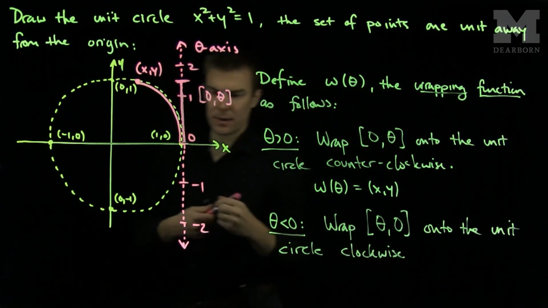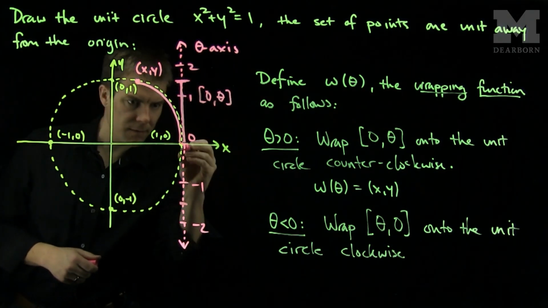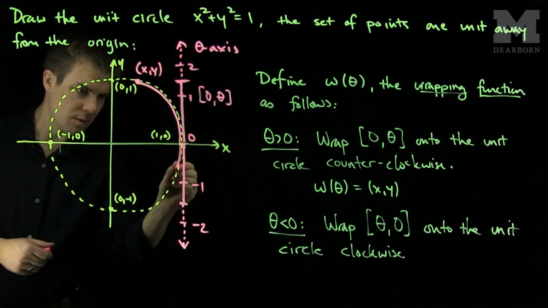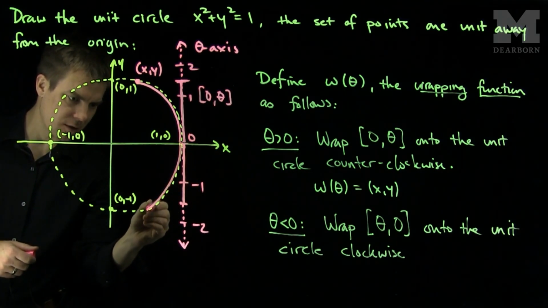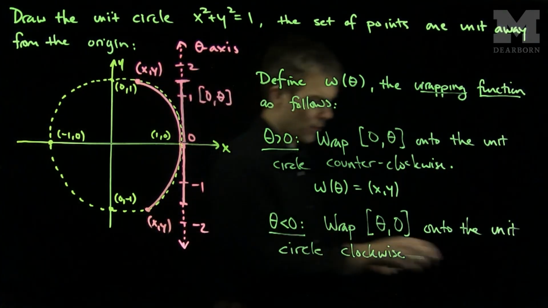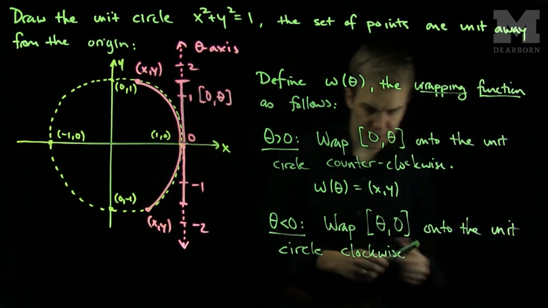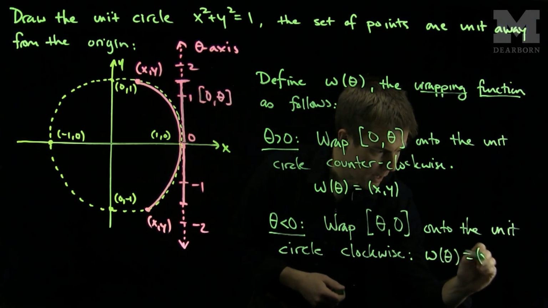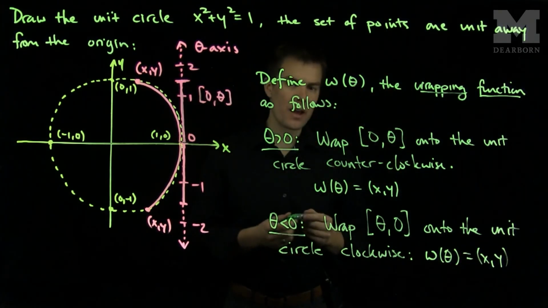So if theta is negative, I will wrap around in a clockwise fashion and equally well get to a point x, y. And the wrapping function will be, in this case, the same thing. Omega of theta will just be the point x, y on the unit circle that you get when you wrap the interval around.